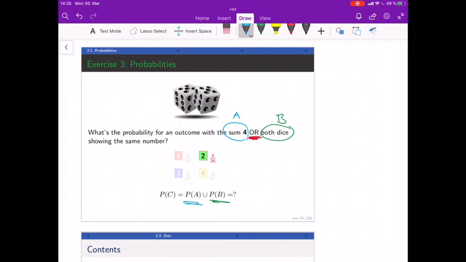The answer is there is a way to do it like that, and that's the reason why we have to talk about sets if we want to talk about probabilities as well. More about that in the next video.